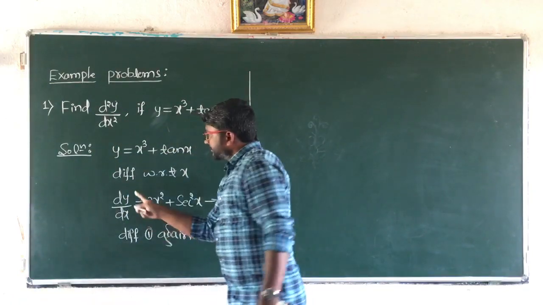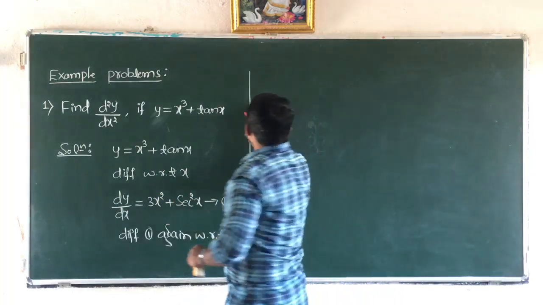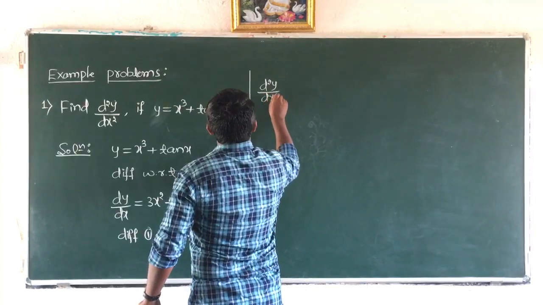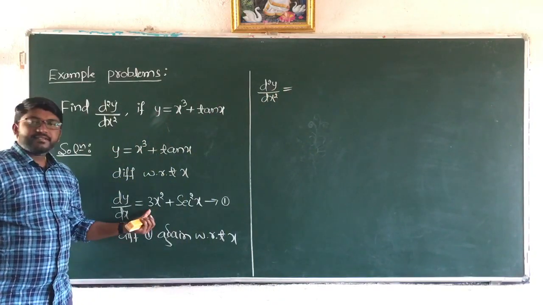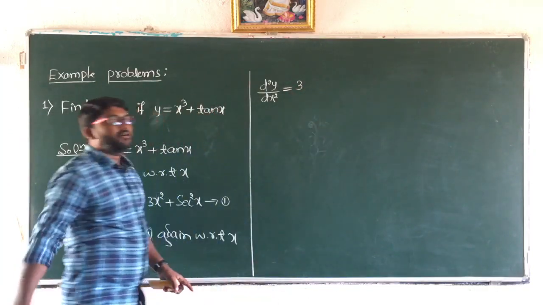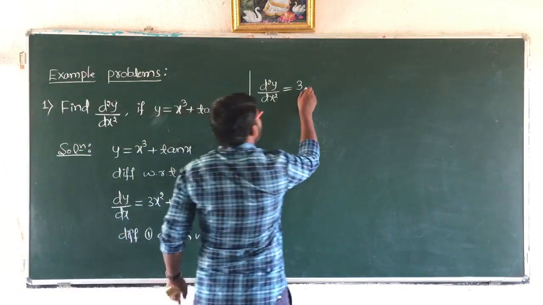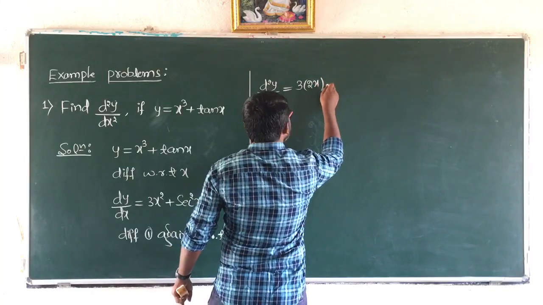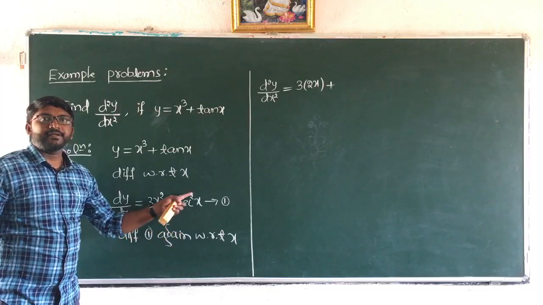Now this becomes d square y by dx square, which is equal to, now 3 is a constant, I write it as it is. Now what is the derivative of x square? It is 2x. Plus, now let us find the derivative of secant square x.